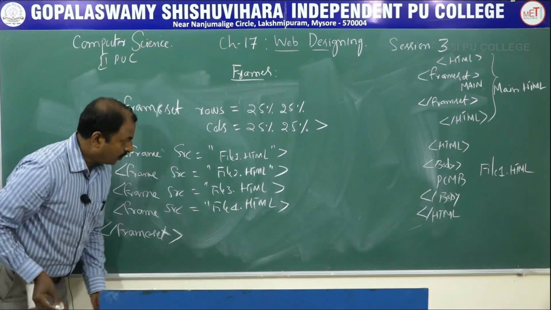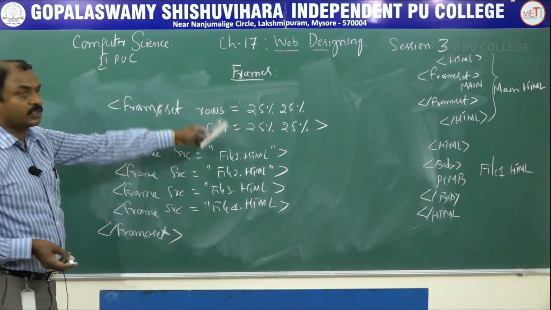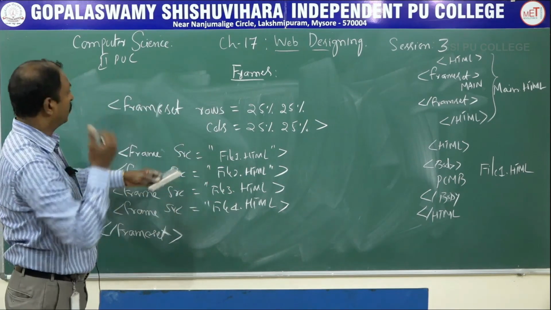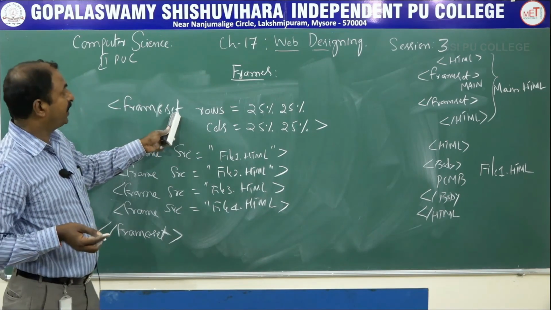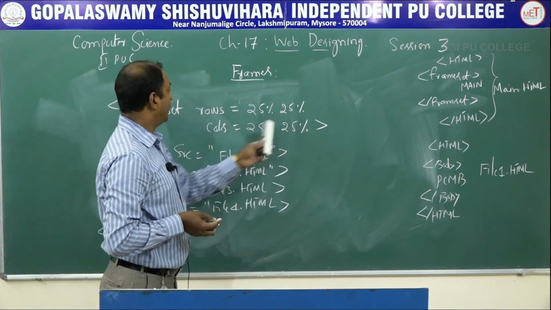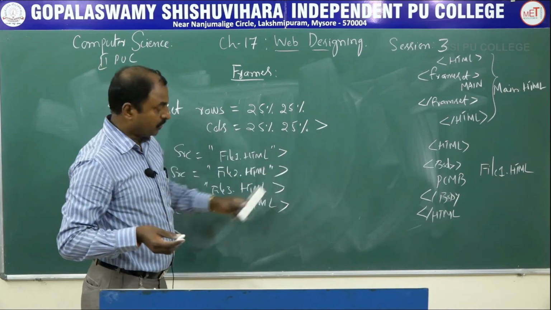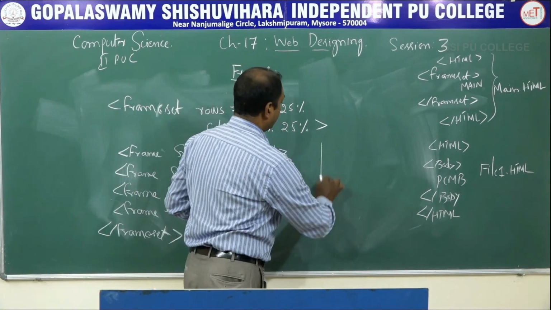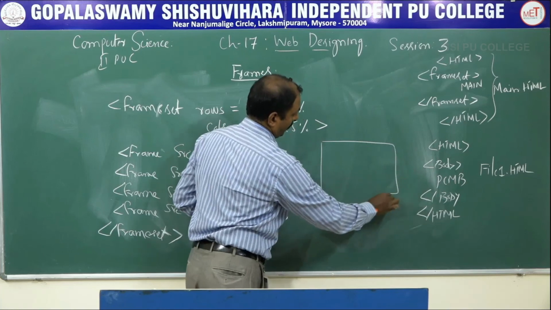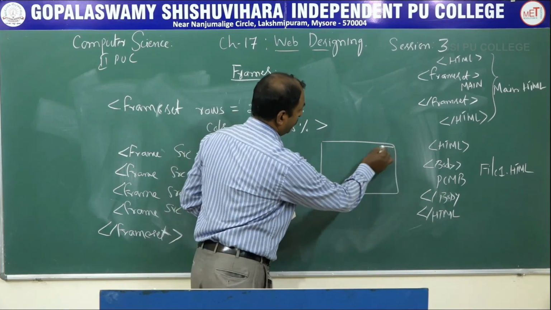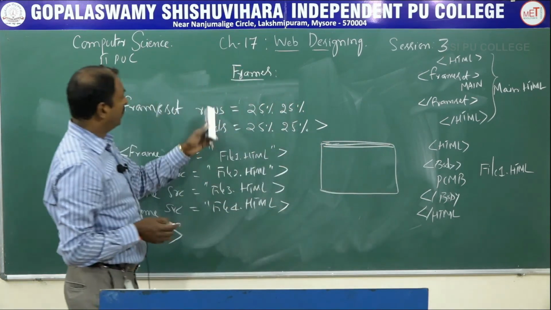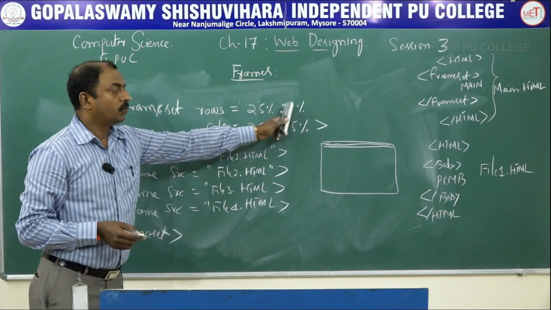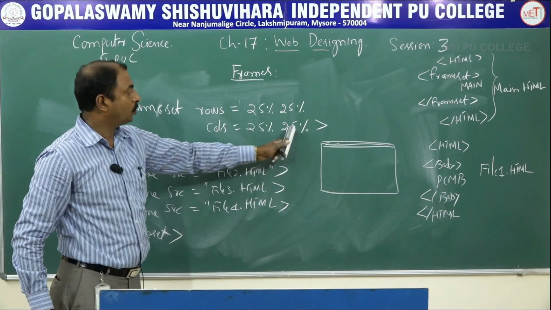So what would be the output of this, students? Just look at the syntax here. With the help of frameset, we have divided into 2 rows as well as 2 columns. So probably that would be the output of this. There are rows, 2 values, columns, 2 values.